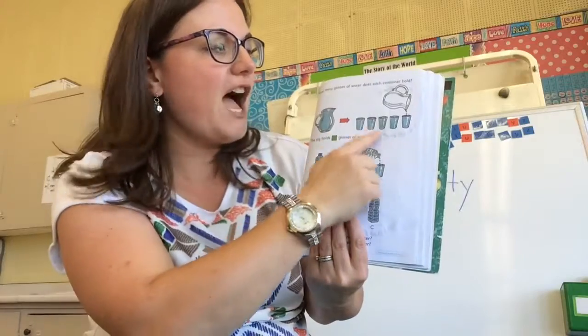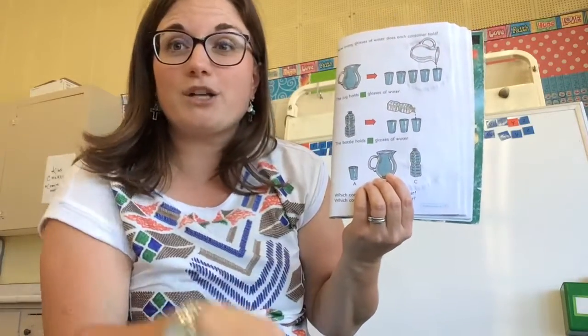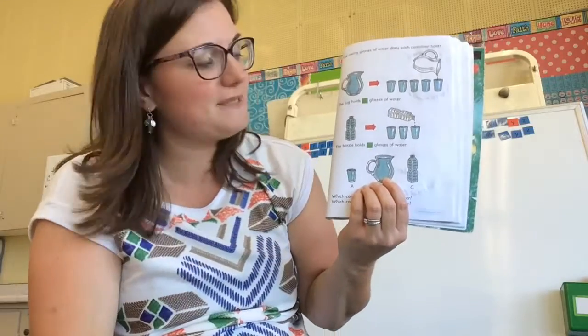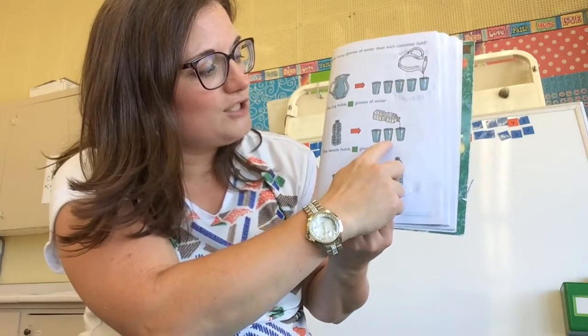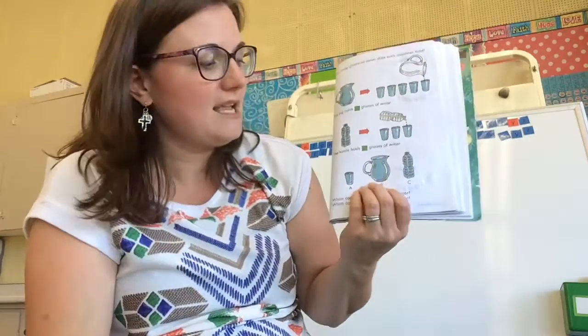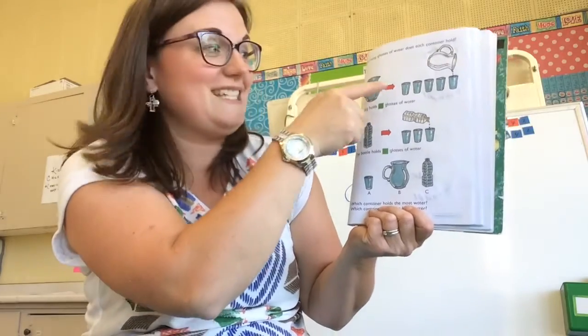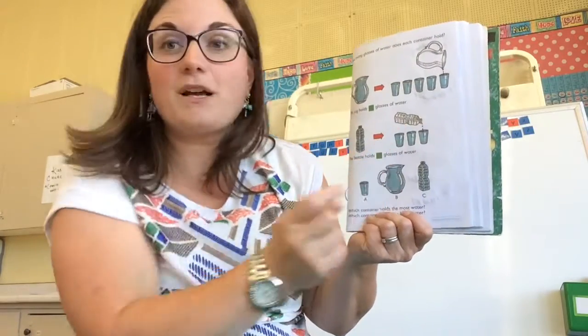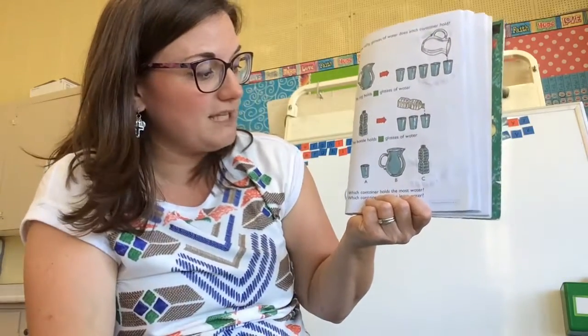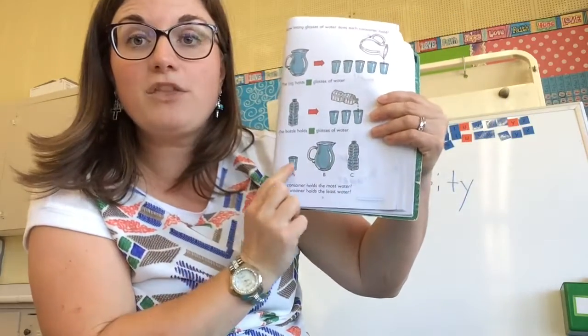This holds 5 cups of water. Let's do the same thing with our water bottle. Let's pour it into the cup and see how many cups it fills. 1, 2, 3. So the bottle holds 3 cups of water. We can say the jug holds more because it did 5 cups, where the water bottle only holds 3 cups.